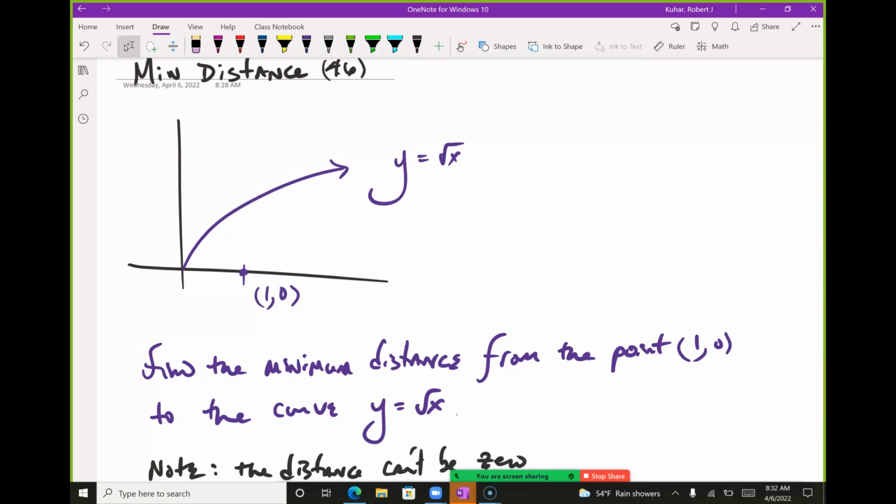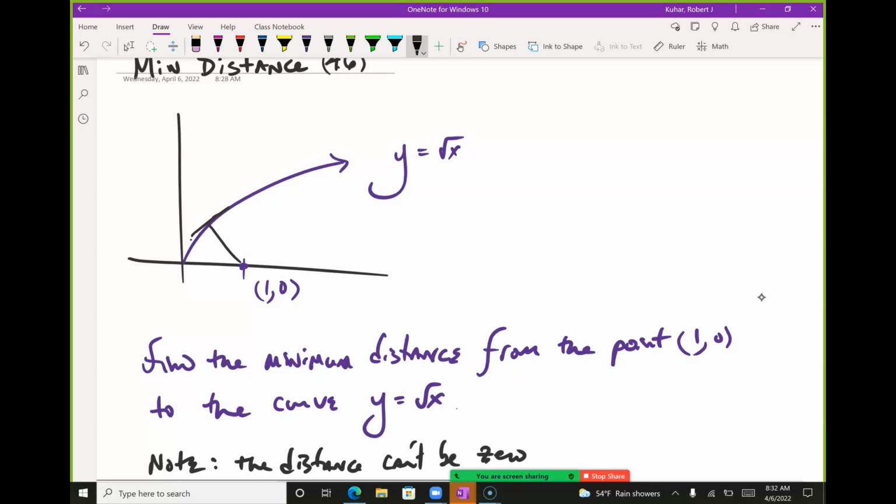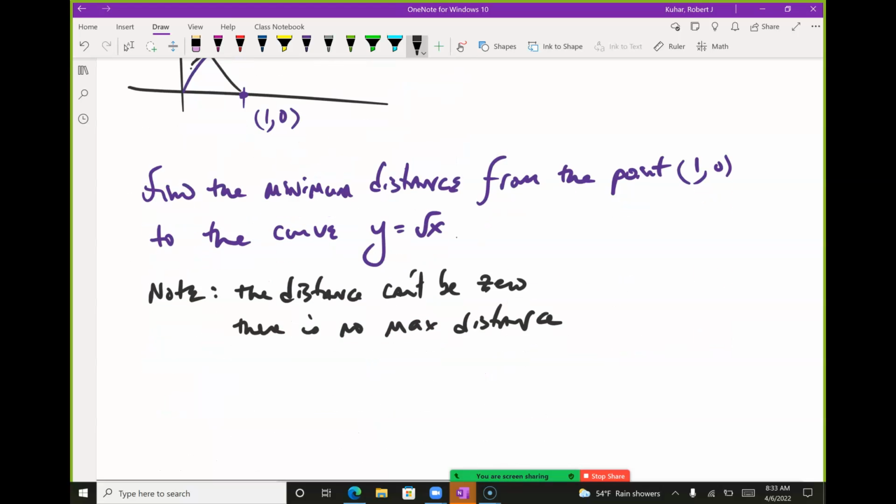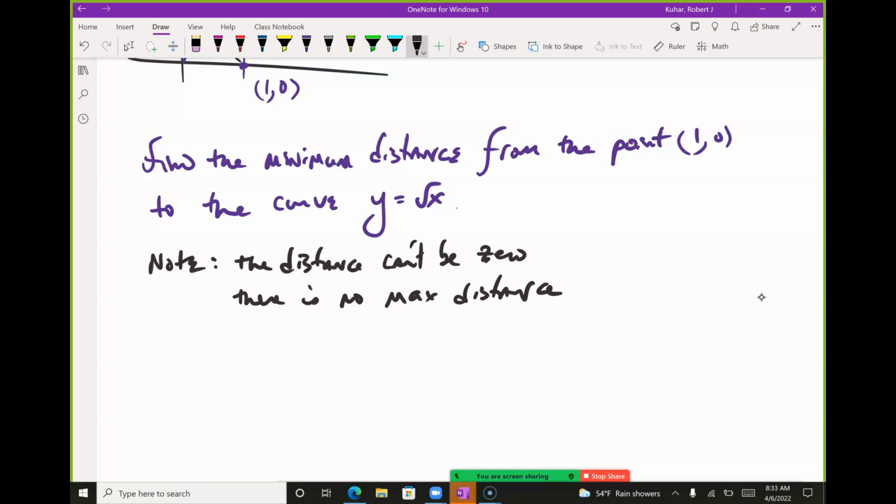Well, we need a distance formula, but we should also try to visualize where this is going to hit on the curve. And if you don't know already, it always hits at a perpendicular. I feel like it's going to touch at an inflection point.